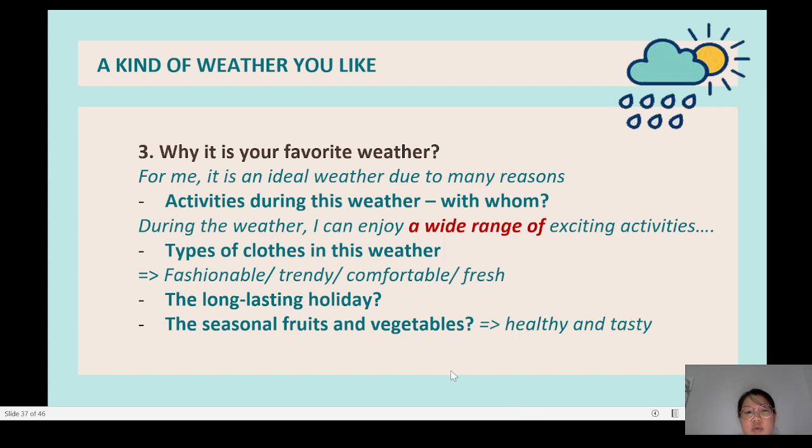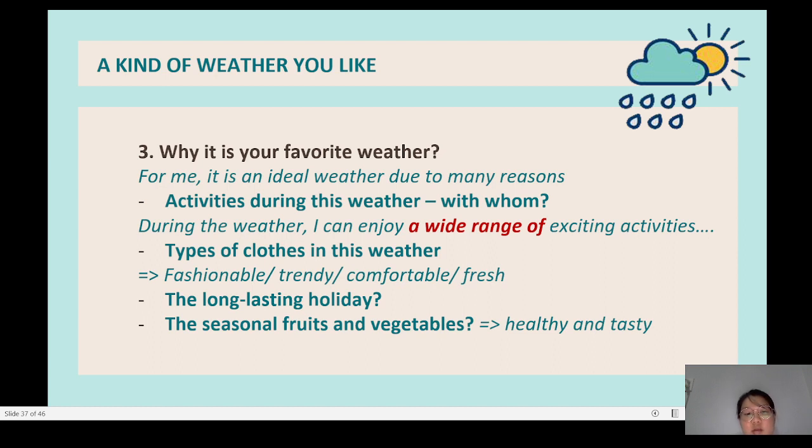On top of that, you can mention the types of clothes that you can wear in this weather. You can say your feeling about them, whether they are fashionable, trendy, comfortable, or fresh. And on top of that, you can consider whether it's a long holiday or not.